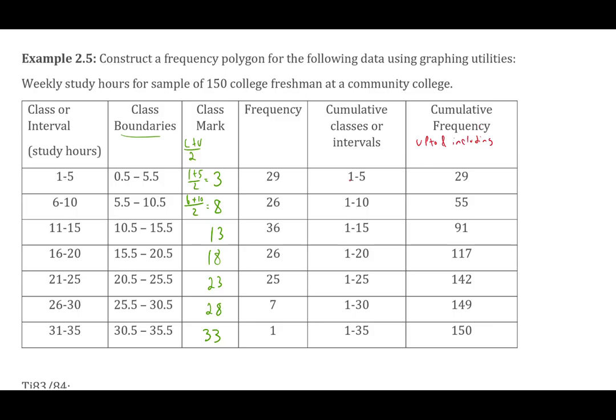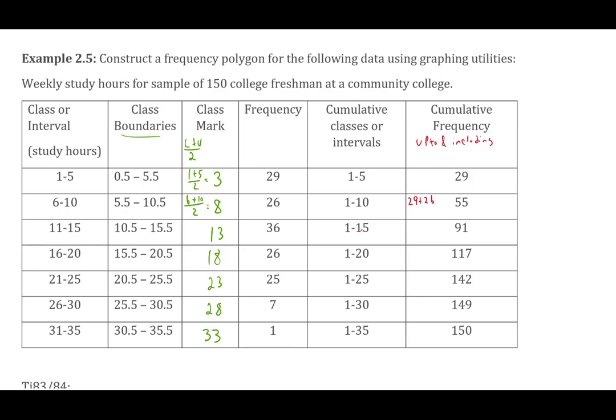So within the first 1 to 5 study hours, we have 29 students, so our cumulative frequency is 29. Up to and including 10 hours of study would be everyone in the first group plus everyone in the second group, so 29 plus 26 gives us 55.